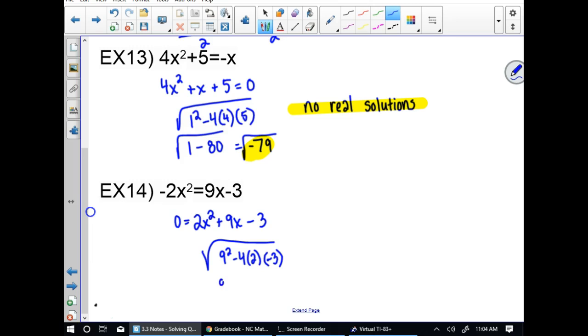I know this is going to be 81, and this is not too bad to do. So you'd have negative 8 times negative 3, which would give you positive 24. But let's say the numbers were worse. When I've got that negative here times that other negative here, I know I'll get a positive. So I know I get a positive number. So right now, if you wanted, you could stop, because you know you're going to get a positive number under the square root. So this is 2 real solutions.